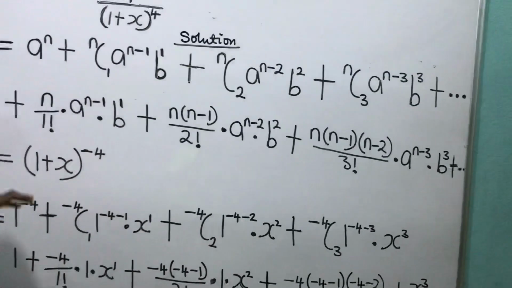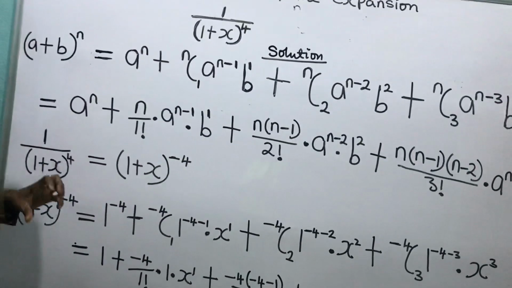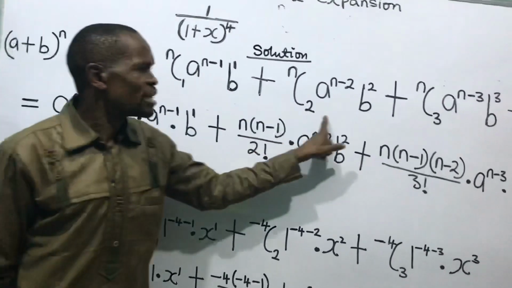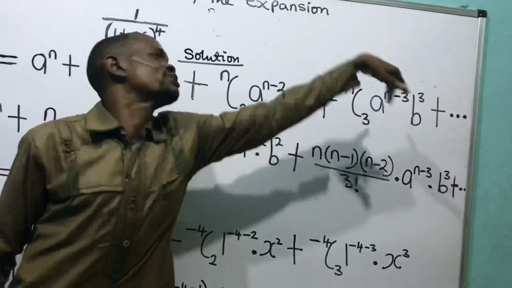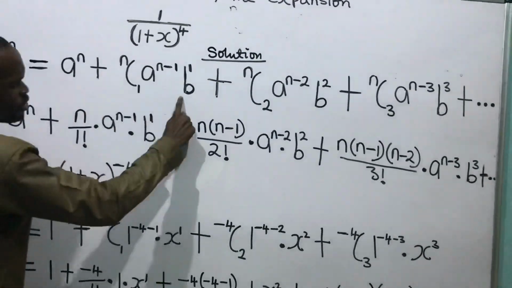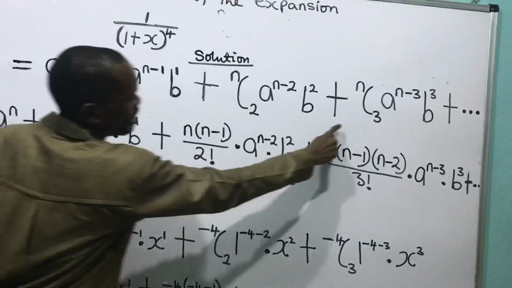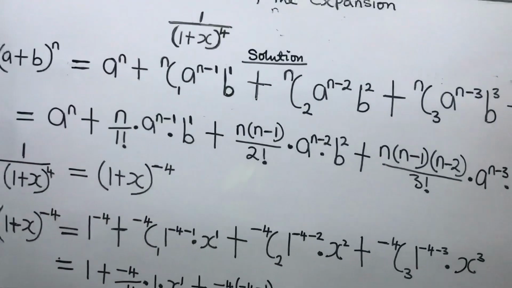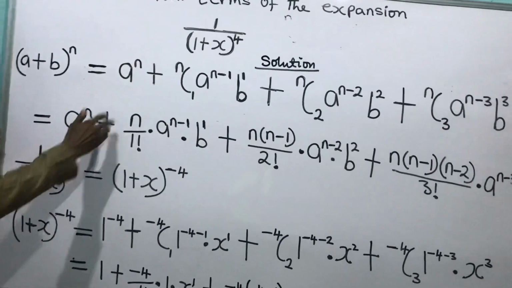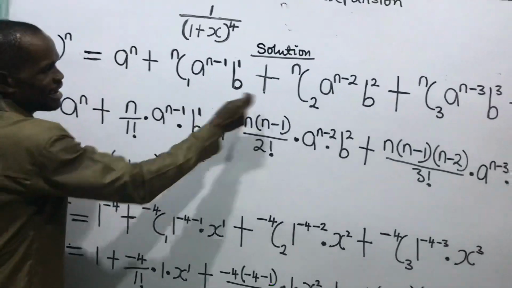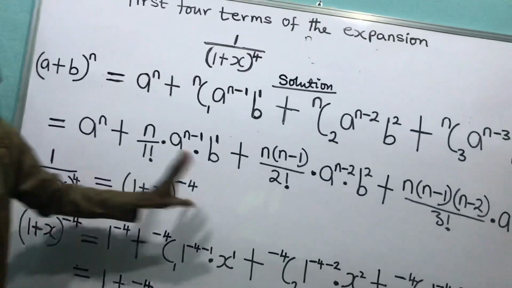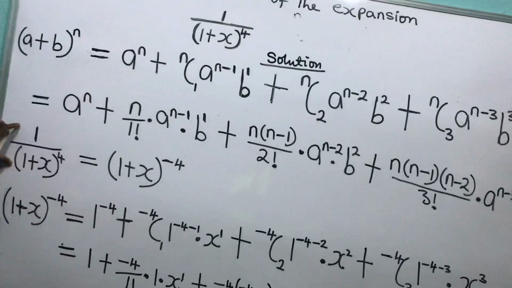Then looking at this formula again, I discovered that this is the first term, this is the second term, this is the third term, look at the fourth term, and the fifth and sixth terms continue. What they asked me is to get the fourth term out of the expansion of this. That means I'm going to get this and this and this and this. That's the fourth term.